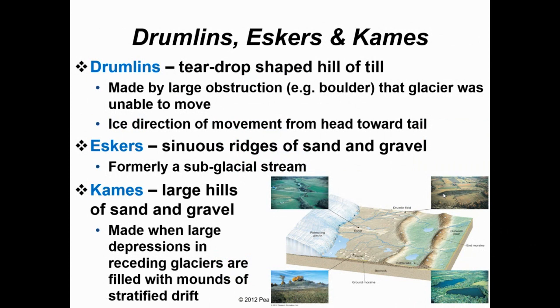Okay. Typically, there's also a void, like a cavity within the glacier that's empty, and what will happen is material, so like sediments, will move around this obstruction, and then they'll fill in behind the obstruction, resulting in the formation of the drumlin, and then it gets tapered off as the glacier continues to move in that direction.